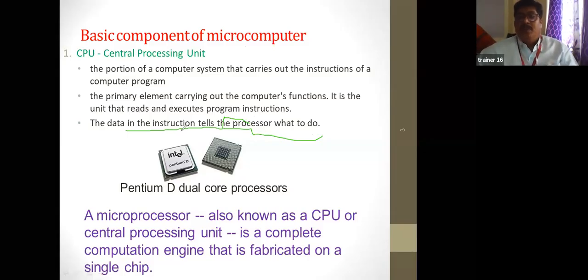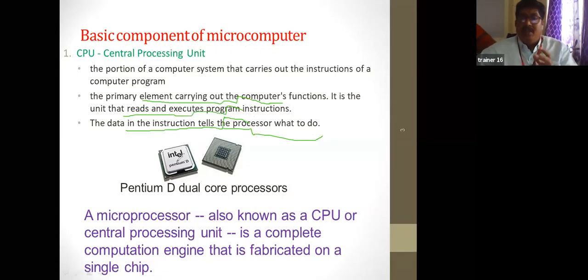That means all this is very, very sensitive. If you go and see, the primary element carrying out the computer's function is the unit that reads and executes program instructions.